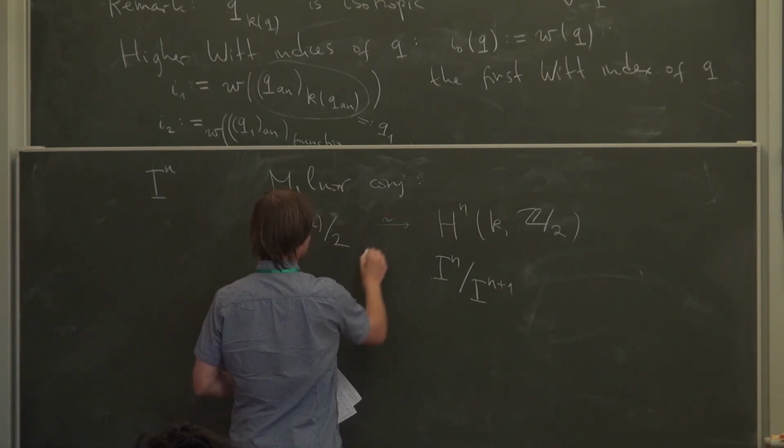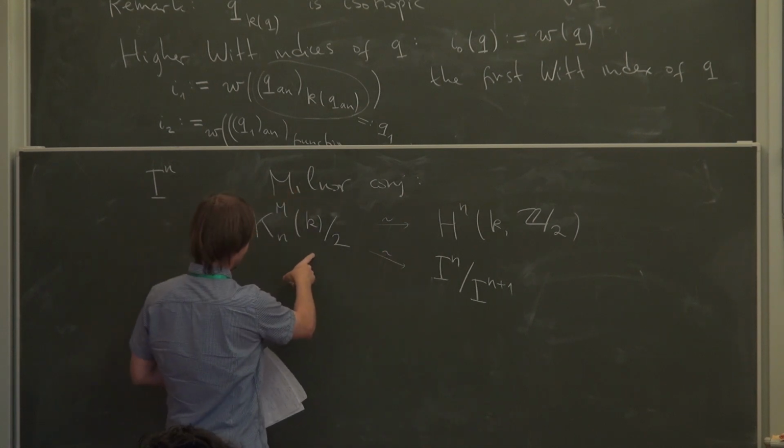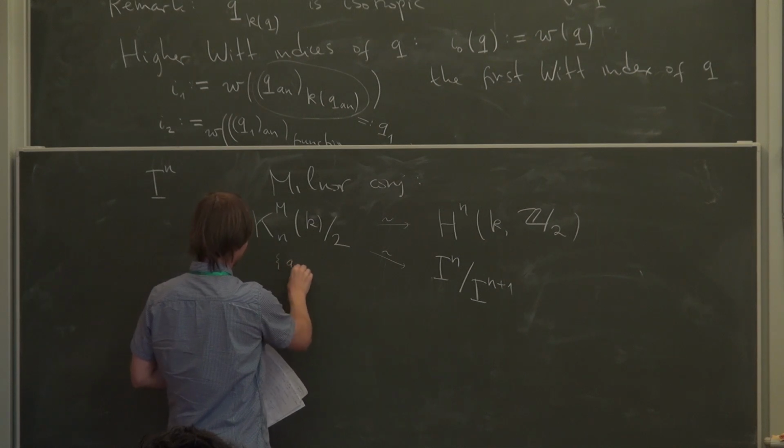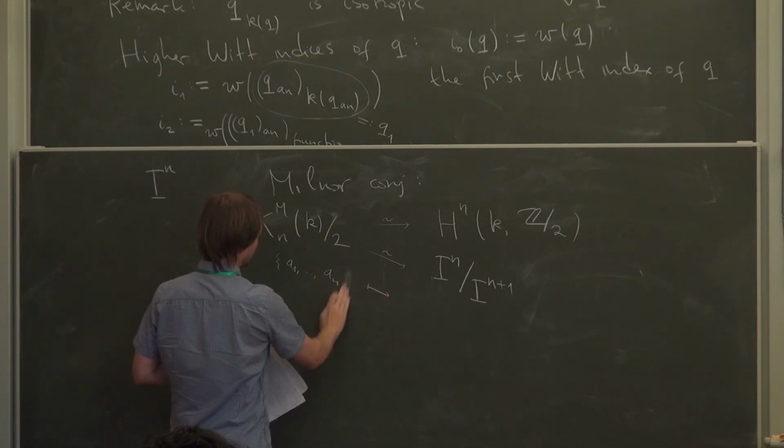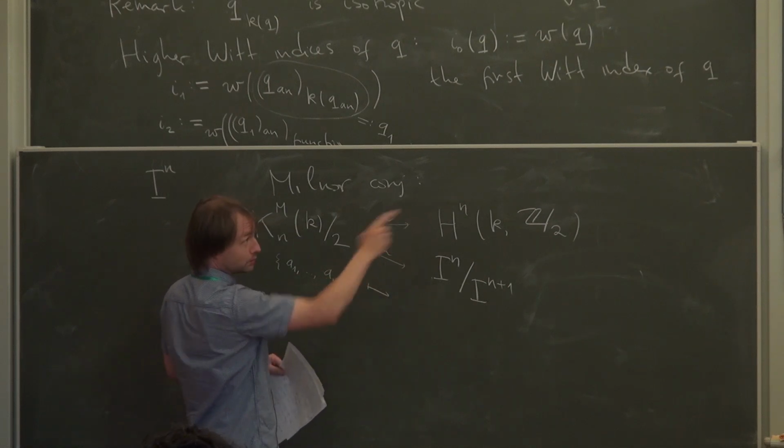So this is an isomorphism, and here the map is precisely sending a generator to this Pfister form.